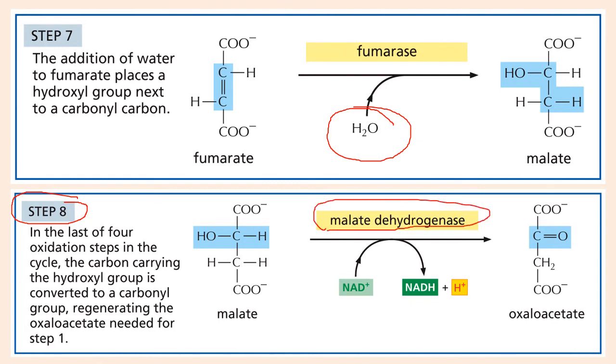We're going to generate some more NADH, and our end product is going to be our oxaloacetate, which will be utilized so that we can finish our energy extraction from our initial molecule, which was the acetyl-CoA which started off the system.